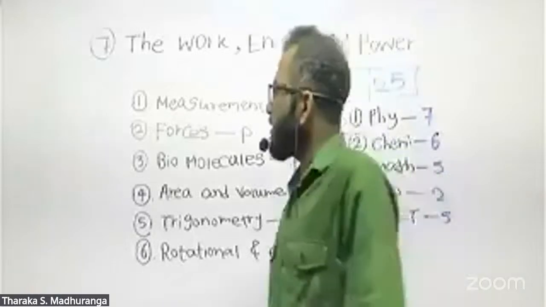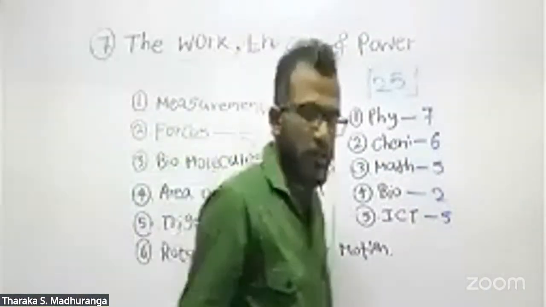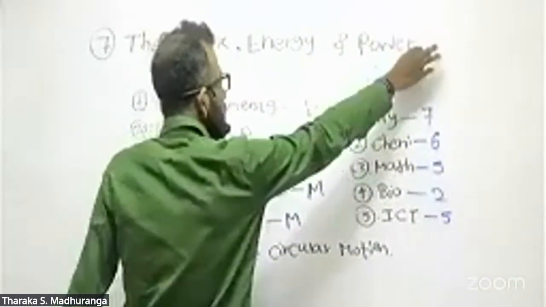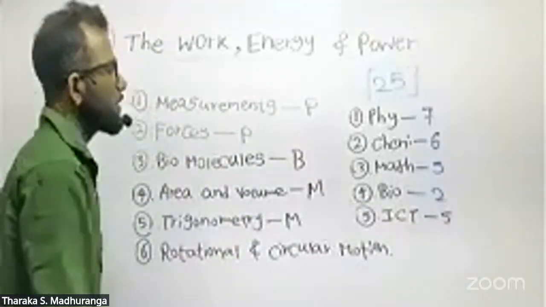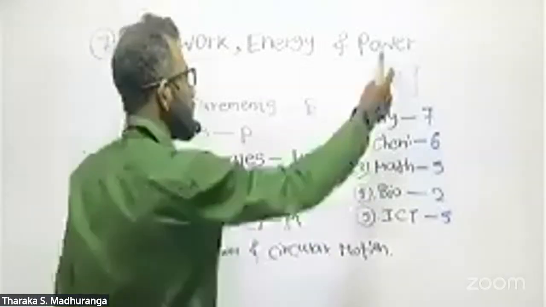Okay, write down the topic. Today's topic is work, energy, and power. This is a physics lesson. With today's lesson, how many lessons have we completed in the physics part? One, two. This is our third physics lesson.